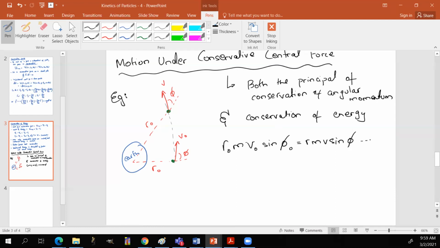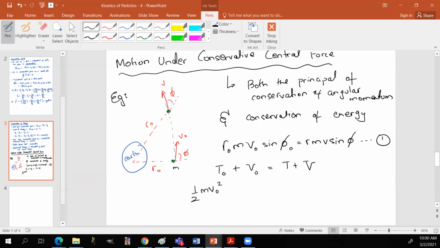So this is your first expression, and then your second expression is just that T naught plus V naught, right? So the total mechanical energy at this position is equal to the total mechanical energy at the second position, right? So it's T plus V, like that. And we know from what we've done so far that this expression here is just half m v naught squared.